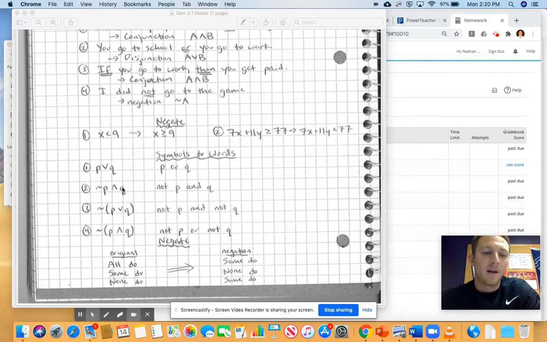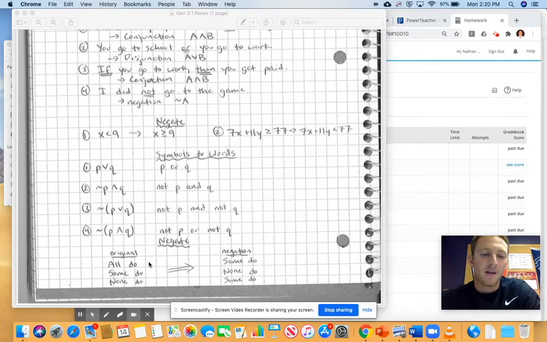Not P and Q. Not P, but we have not, and then we have parentheses P or Q. So when this happens, we kind of distribute the negation and we flip the sign. So it's not P and not Q. You have to flip this sign right here. It's tricky. So then this one would be the opposite. So it would be not P or, because we're flipping the sign, not Q.